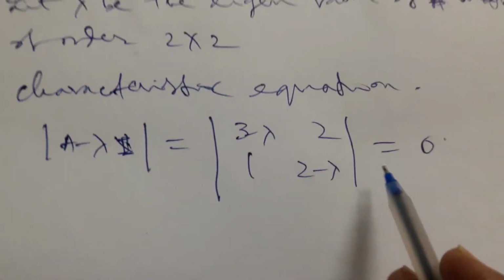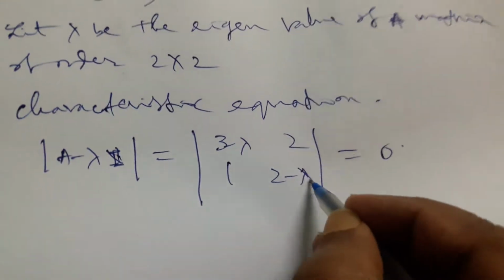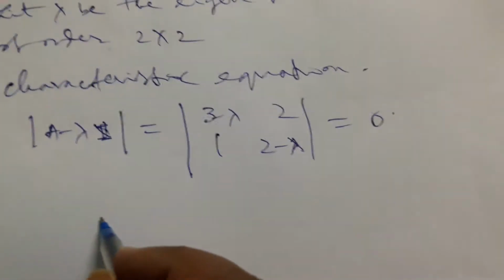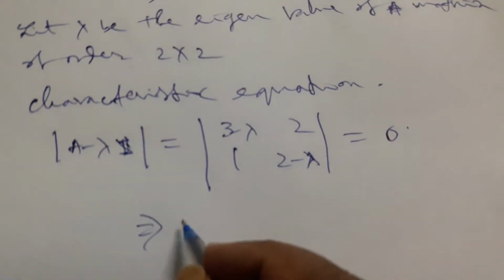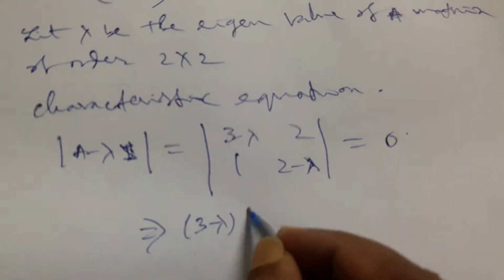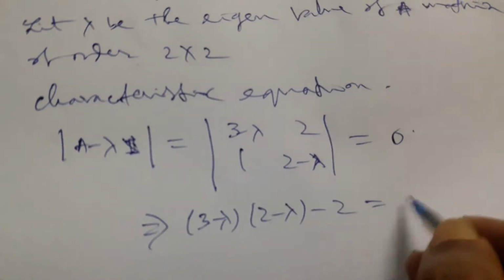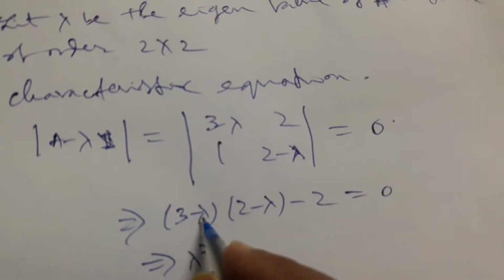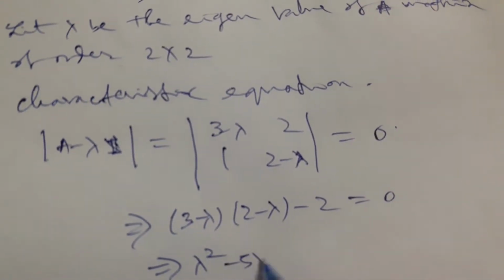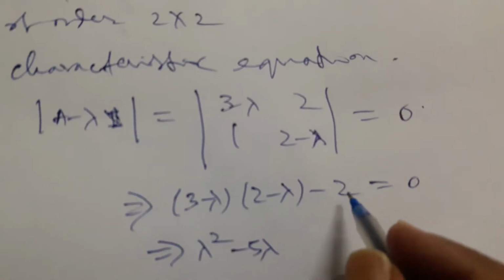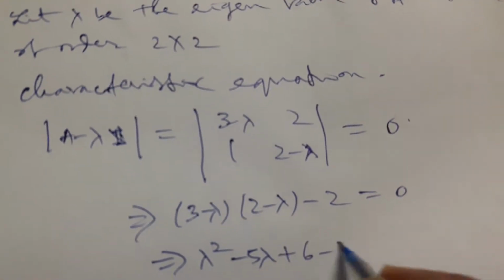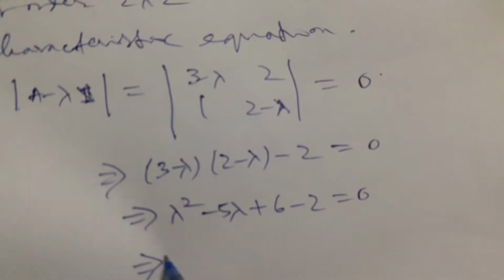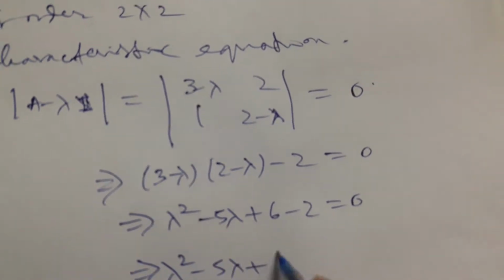We discussed in an earlier video how to find the characteristic equation and eigenvalues. This implies (3 minus lambda)(2 minus lambda) minus 2 equals 0, that is lambda square minus 5 lambda plus 6 minus 2, that is lambda square minus 5 lambda plus 4 equals 0.